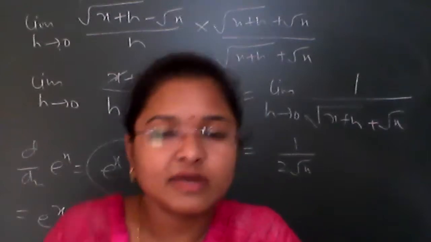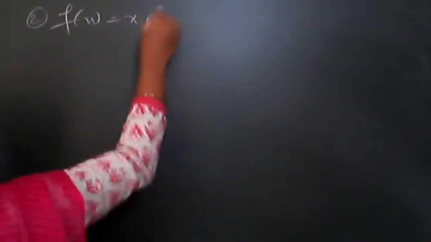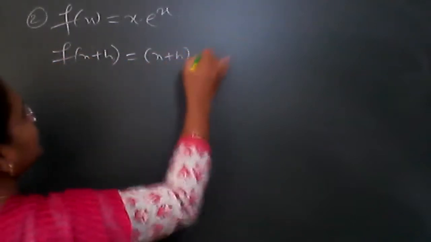Yes, ma'am. Okay. So by using first principle, we'll find the derivative of x into e raised to x. So f of x equals x into e raised to x. So f of x plus h will be (x plus h) into e raised to x plus h.